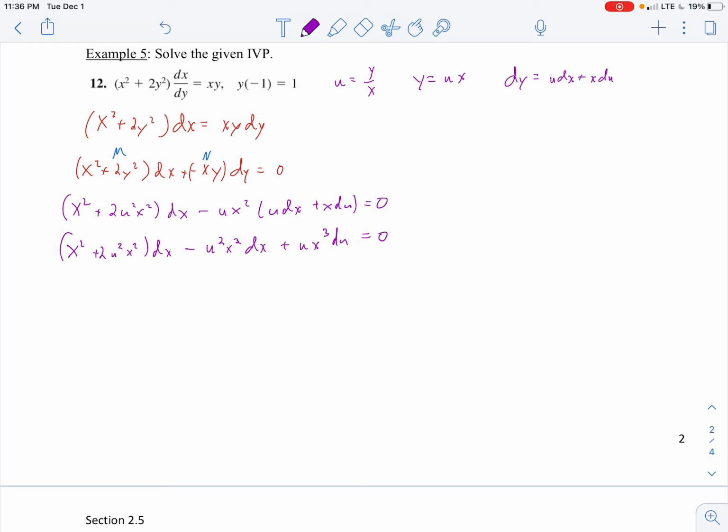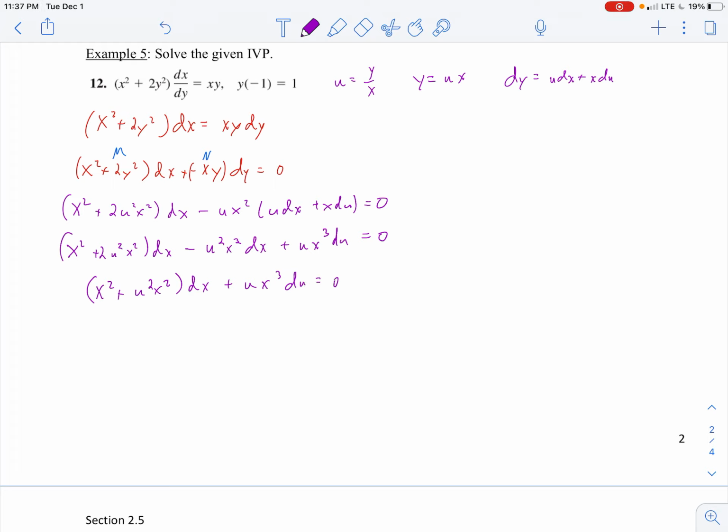Notice that 2u squared x squared and minus u squared x squared is a like term. So I'm just going to have x squared plus u squared x squared dx on the left-hand side, and then on the right-hand side, I'm just going to have ux cubed du.